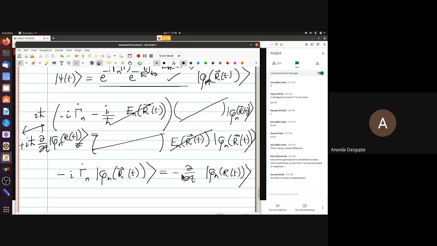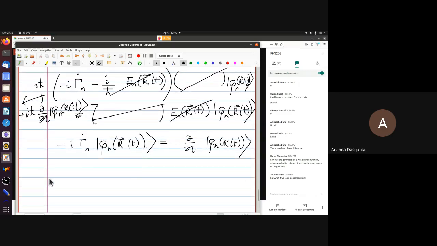Right? So maybe have I got the signs correct? Let's check. Yeah, he's right. Is that okay? Just cancel out every term. You get minus i gamma n dot. This term acting on phi n times phi n(R(t)) is nothing but minus del t of phi n(R(t)).